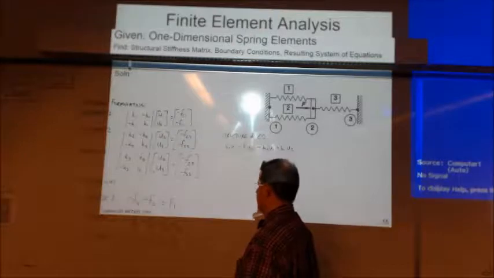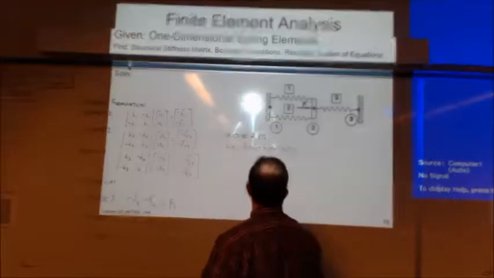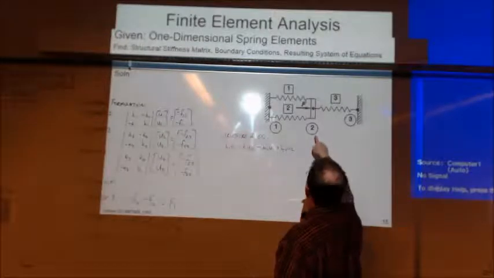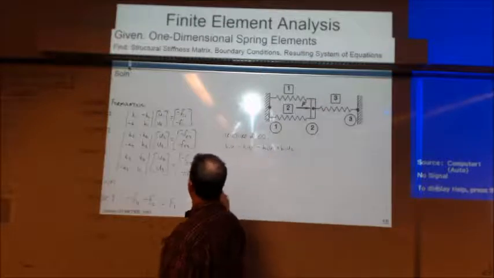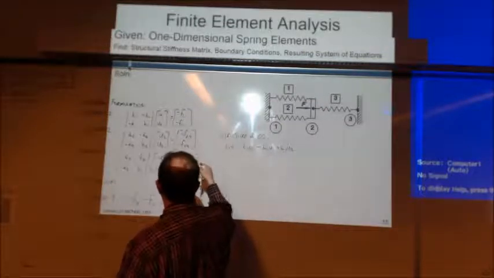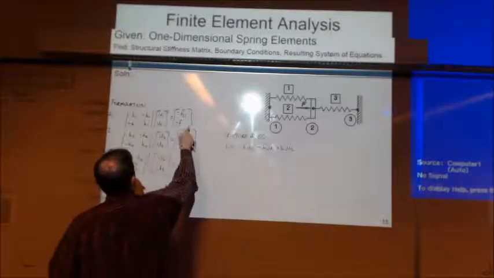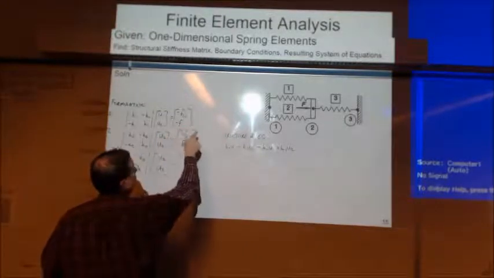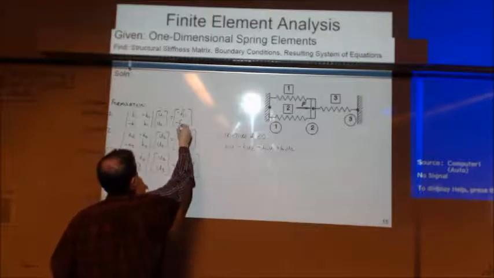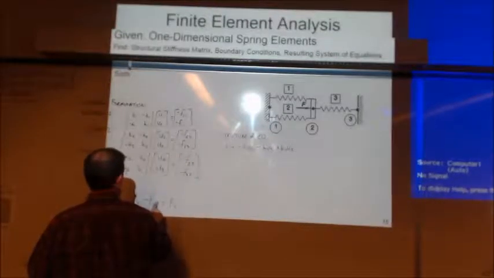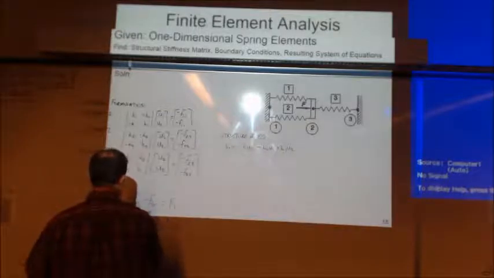No, it can't be. Node 2, element 1, so it's a 2, 1. Why don't I have a 2, 1 up there? This is a 2, 1. This has to be 2, 1. And this is 2, 1. Okay.